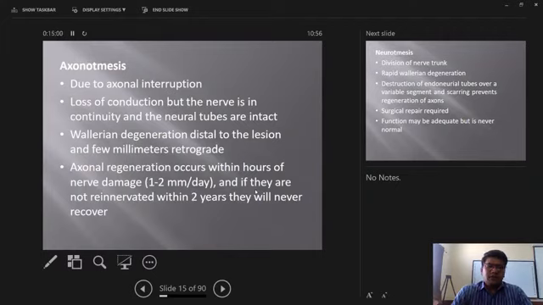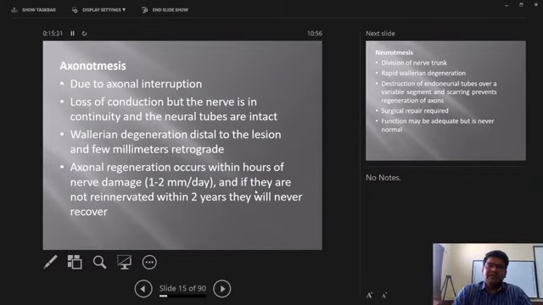So when the nerve regenerates at the rate of 1 mm to 2 mm per day through these endoneural tubes, this nerve slowly, stepwise, innervates the muscles on the way, which gives rise to motor march.